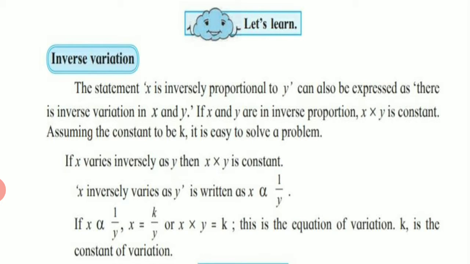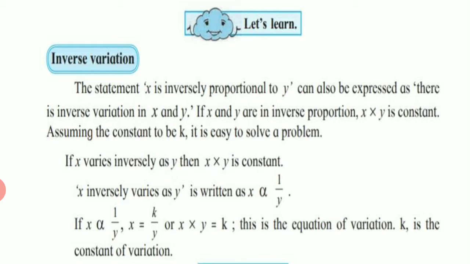The statement X is inversely proportional to Y can also be expressed as there is inverse variation in X and Y. If X and Y are in inverse proportion, X into Y is a constant, and assuming the constant to be K, it is easy to solve a problem. If X varies inversely as Y, then X into Y is a constant.